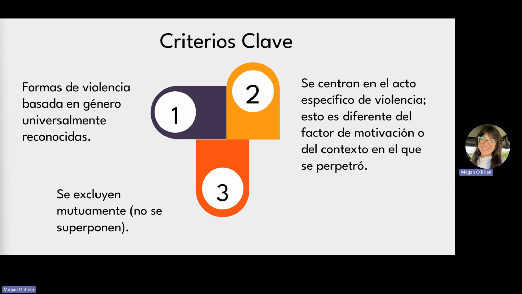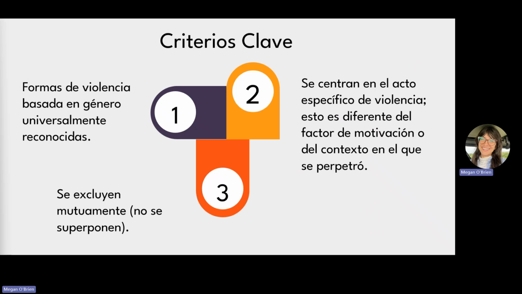When we were developing the classification tool, in addition to having standard types, definitions, and processes to choose one of those types, we had 3 other criteria that we needed to consider. First, we needed to have universally recognized forms of gender-based violence. We needed to focus on the specific act of violence, separate from the motivation behind it or the context in which it was perpetrated.